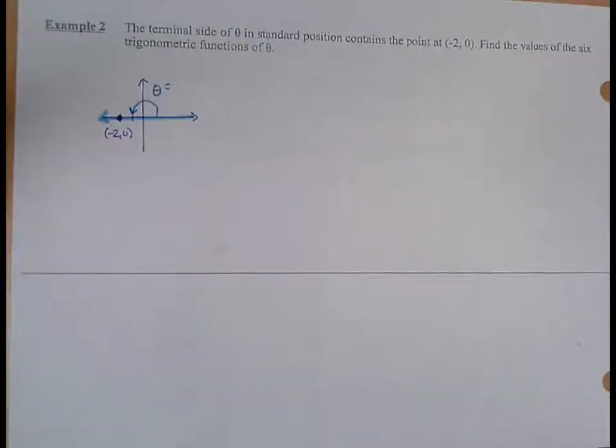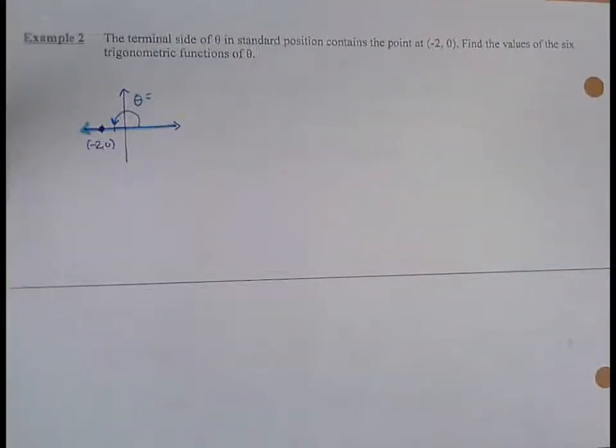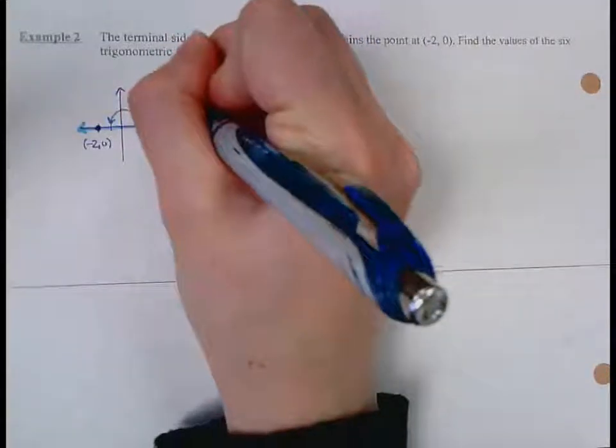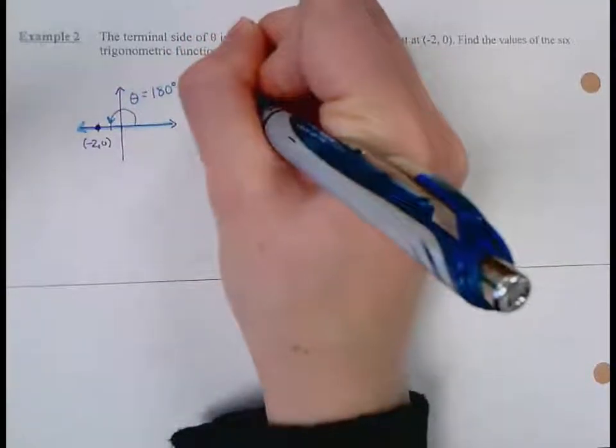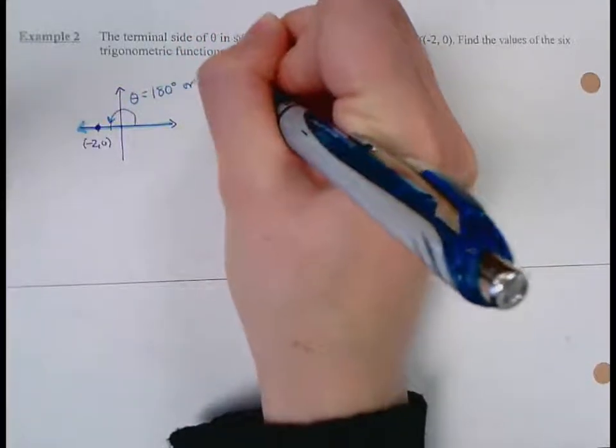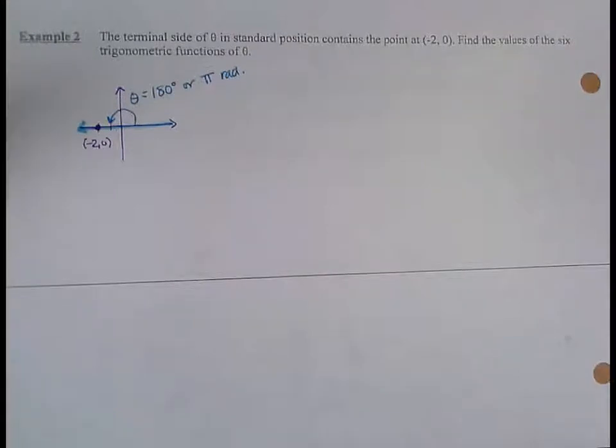The problem doesn't itself ask for this, but what angle is theta? 180 degrees, or that would just be pi radians. You don't have to give that when you're answering these types of questions, but it's good to make that connection of what angle you're finding the trig values of, because that really means we are finding the trig values of 180 degrees or pi radians.